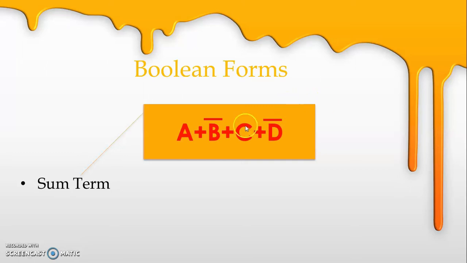All the letters are connected with the plus sign. The number of literals depends on the input variables; it is always 2 times the number of input variables. If the input variables are 4, A, B, C and D, then we have a total of 8 literals: A or A bar, B or B bar, C or C bar, as well as D or D bar.